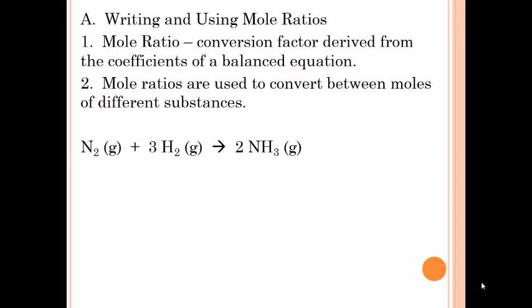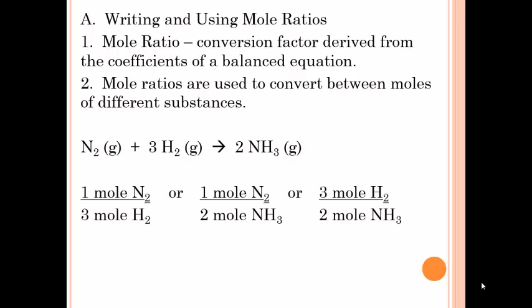So if we look at this balanced equation, we can make three mole ratios from this. We can say that we have a mole of nitrogen for every 3 moles of hydrogen. We can say that we have a mole of nitrogen for every 2 moles of ammonia.